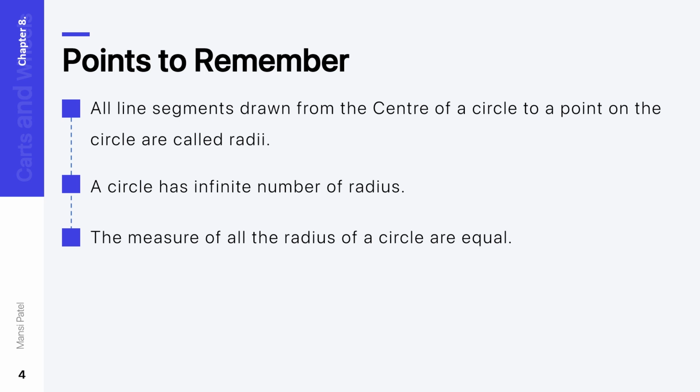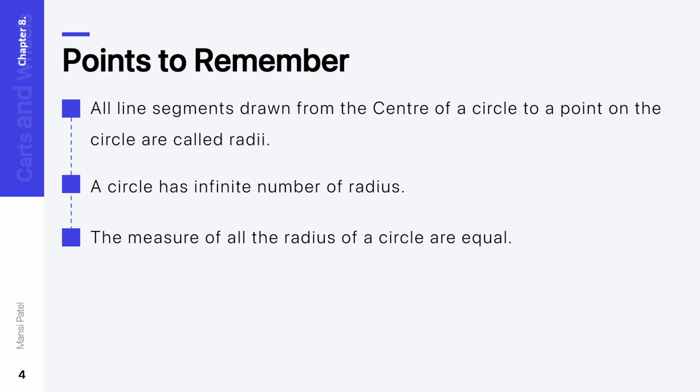Why does this happen? In a circle there are lots of points, and if we want to draw a radius, we start from the center to a point on the circle. That is known as a radius, and the distance between the center and that point on the circle is always the same.